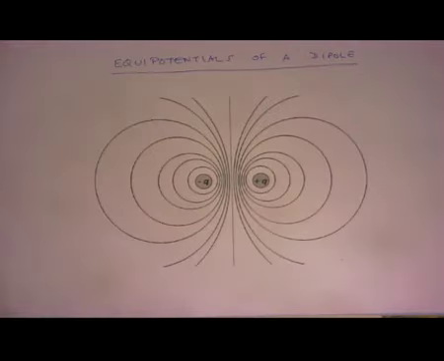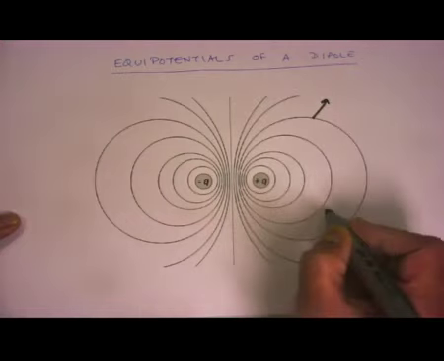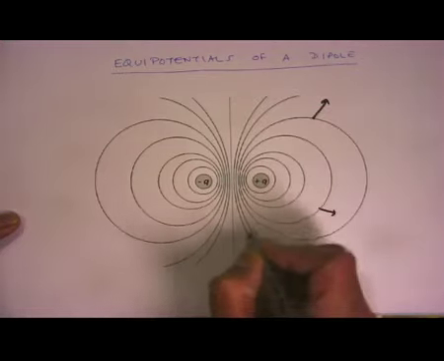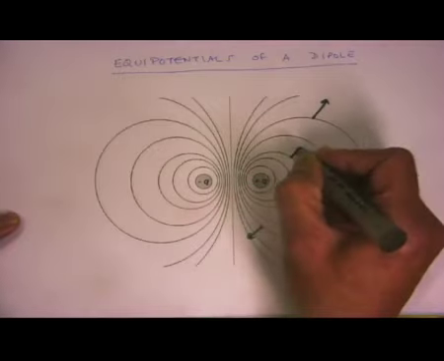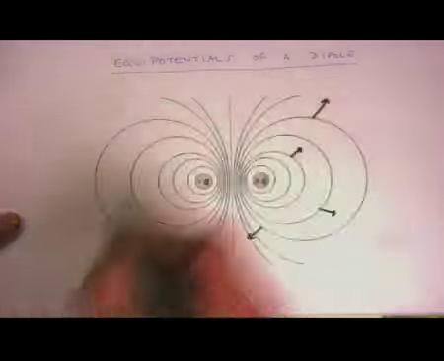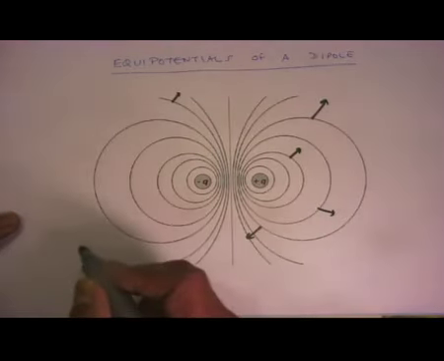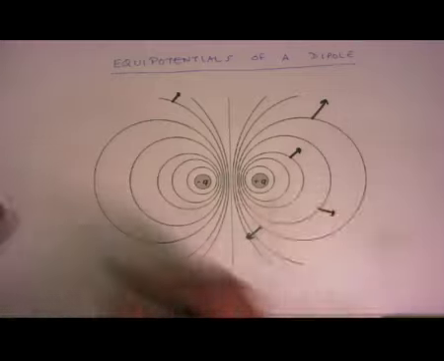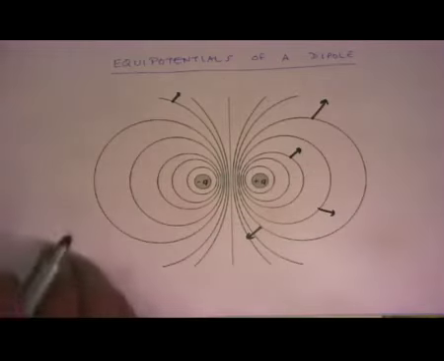So, the electric field lines will be perpendicular. For example, here the electric field will be like this, at this point like this, everywhere it is perpendicular. The direction of the electric field will be perpendicular to all the equipotential surfaces.